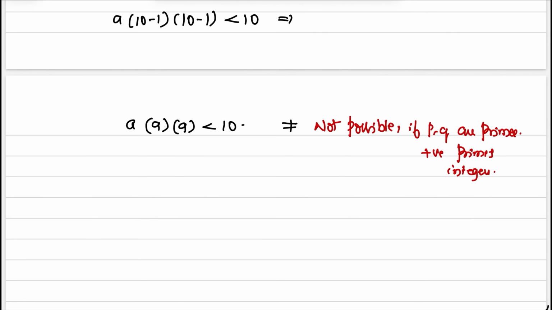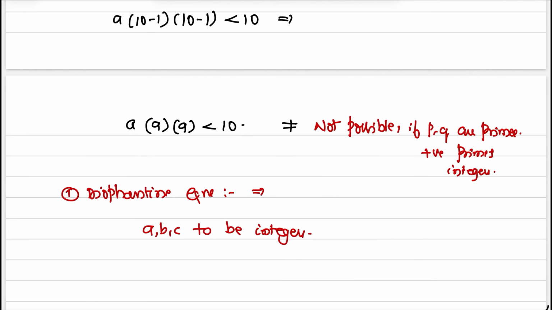Under these conditions, there are a limited number of a plus b plus c values, depending upon whether a plus b plus c is less than 10 or less than 100 or less than 1000. Here two conditions are important. One is Diophantine equation implies a, b, c to be integers.